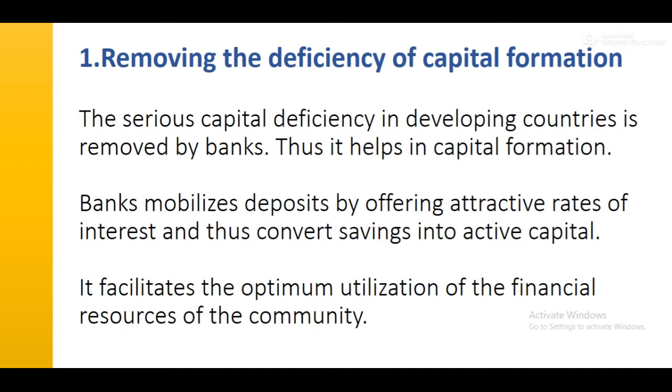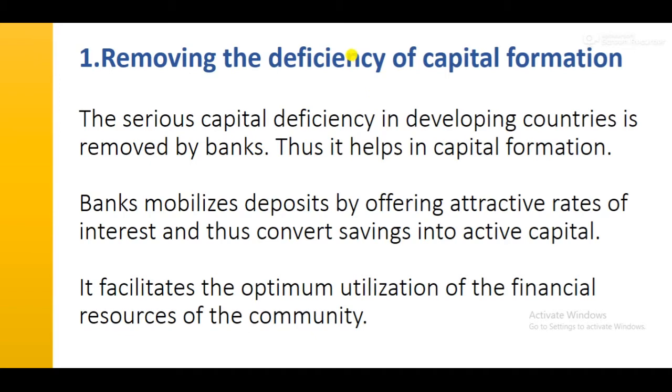Next, a bank can contribute to a country's economic development in various ways. Like the removal of the deficiency of capital formation. Actually, in any economy, economic development is not possible unless there is an adequate amount of capital formation.